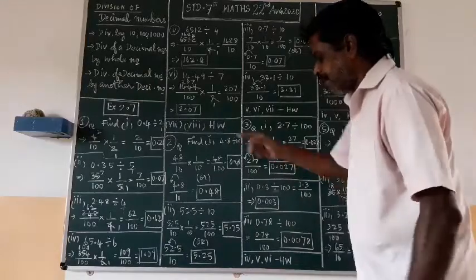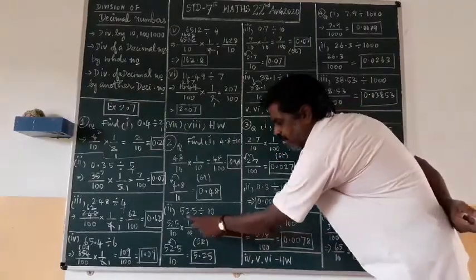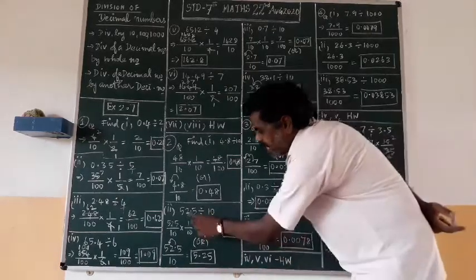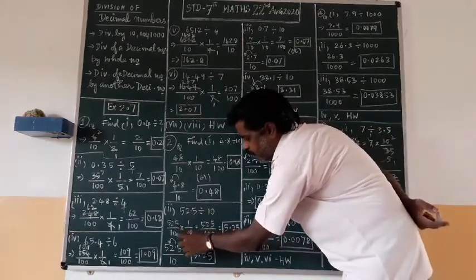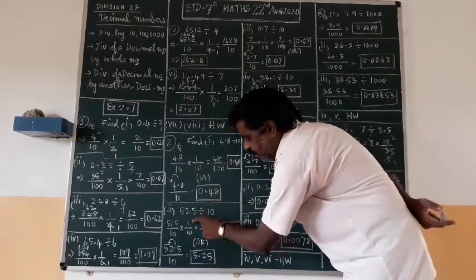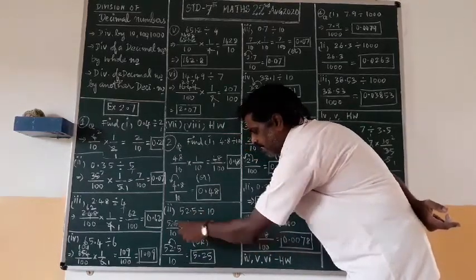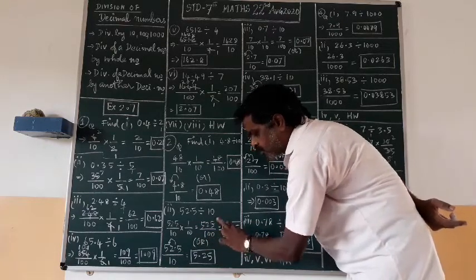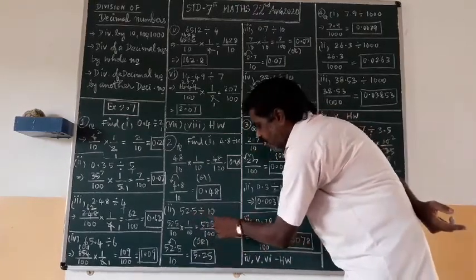Okay. Second problem also I have done in two methods. You see 52.5 divided by 10. So immediately what I am doing, 52 point, I am removing 1 point is there upon 10 into 10, it will become reciprocal 1 upon 10. Then I am multiplying 5 to 5 upon 100, 2 0 denominator. So 2 digit we have to move from last, 5 to point.